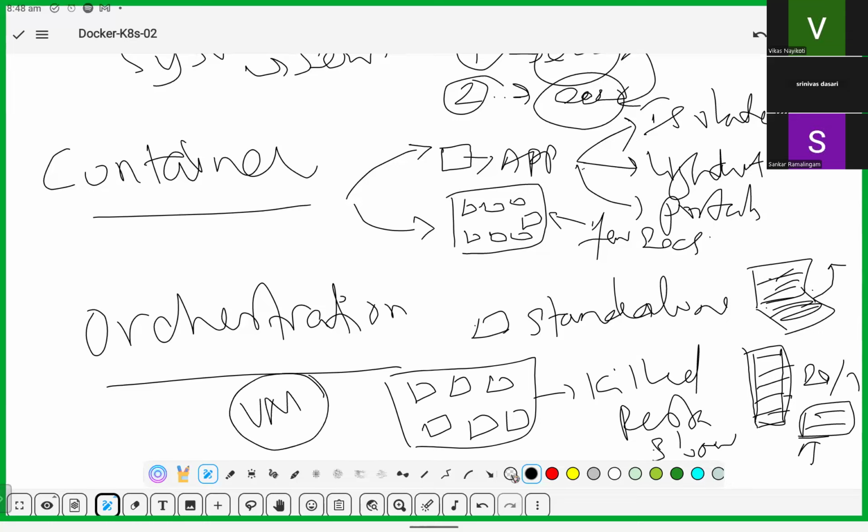The only difference is it doesn't have the OS installed on it, and it uses a system kernel. So it uses a host operating system. It doesn't have any separate operating system which can run separately on a single physical hardware. It can only run on top of the existing virtual machine.